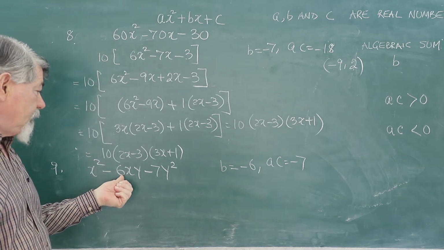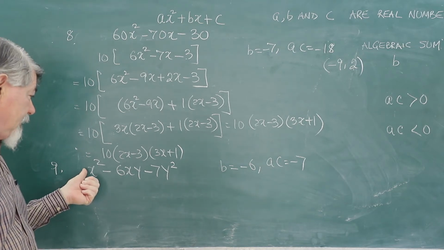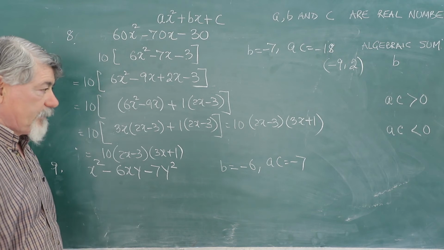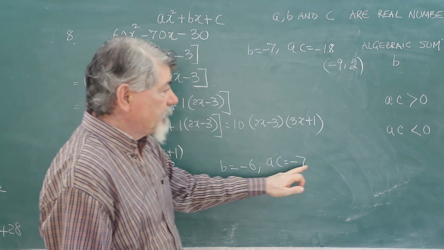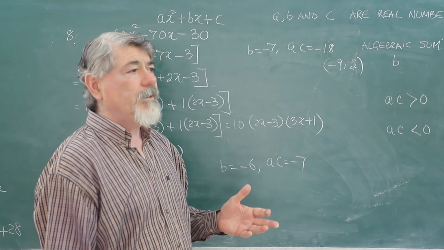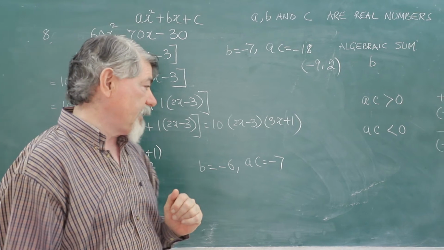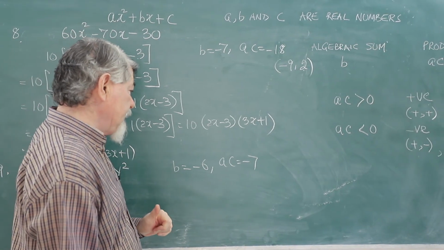So here minus 6 is my b, and a is 1 and c is minus 7. Again AC is less than 0, so both split terms will be of opposite sign. One will be plus, the other negative.